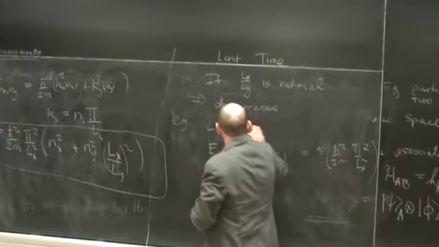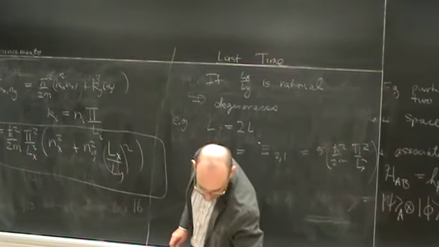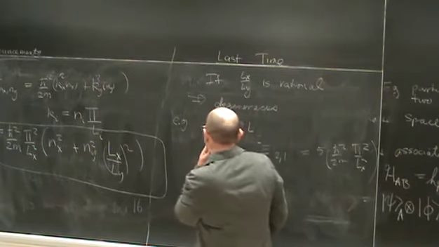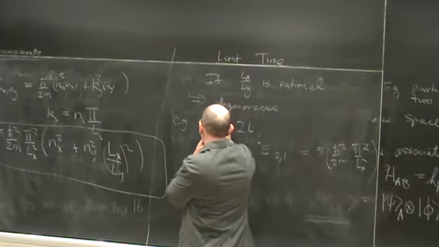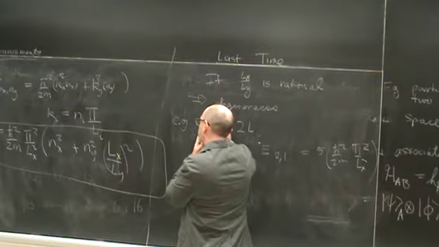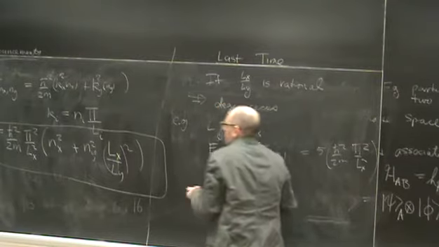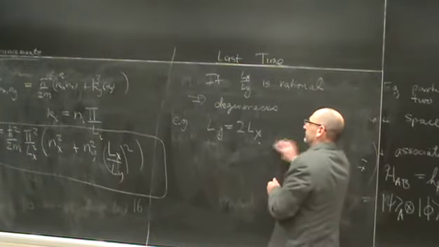Which way do we want to do this? L_y is, sorry, got myself confused here. So let's say that L_y is 2L_x. It doesn't matter which way I do this, right?